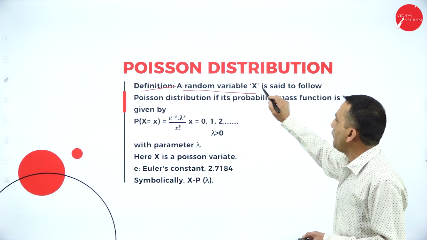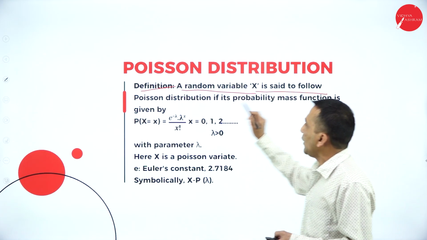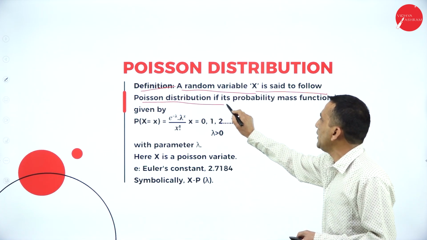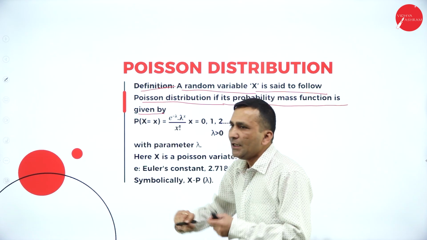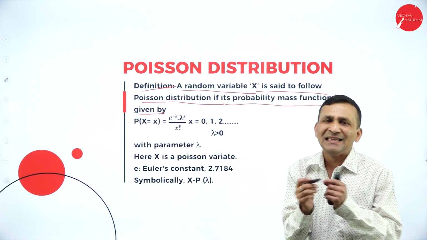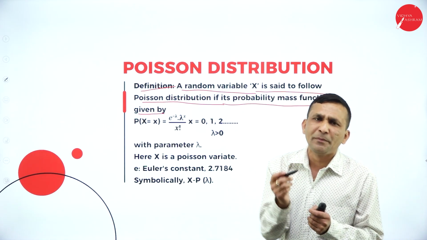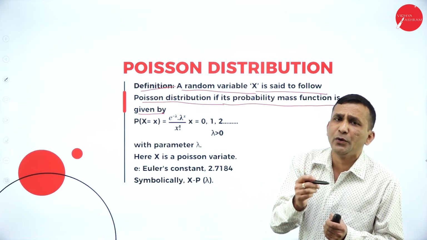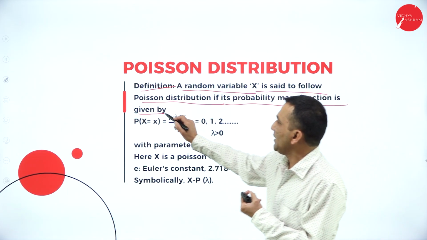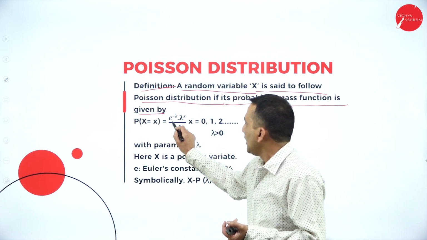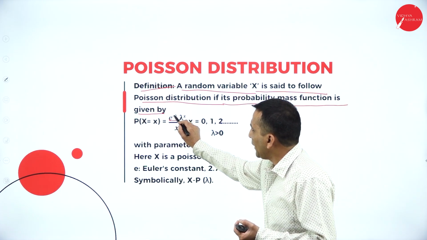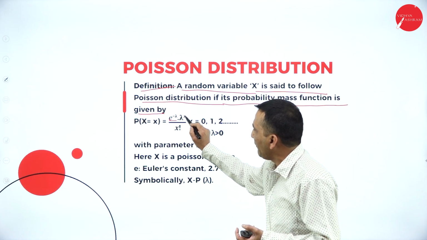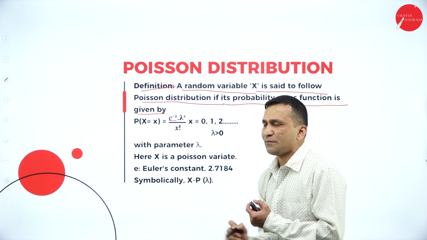A random variable x is said to follow the Poisson distribution if its probability mass function is given by the following. In the case of binomial it is nCx p to the power of x q to the power of n minus x, but in the Poisson distribution, e stands for Euler, so e to the power of minus lambda, lambda to the power of x divided by x factorial.